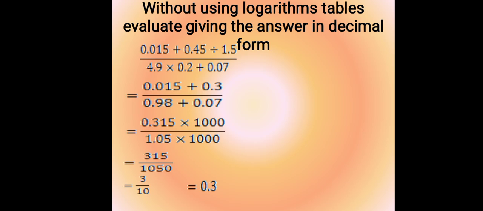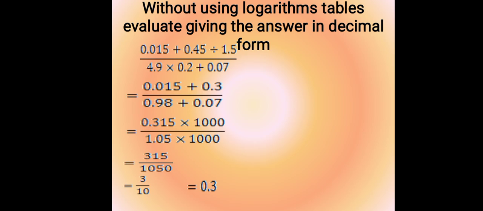Now we add the numerator, and we get 0.315. The denominator we get 1.05. Now we can multiply by a number that removes the decimal places, so that we can easily simplify.